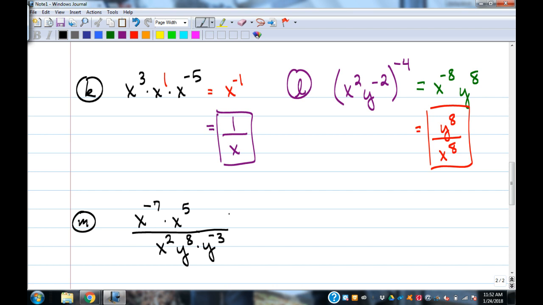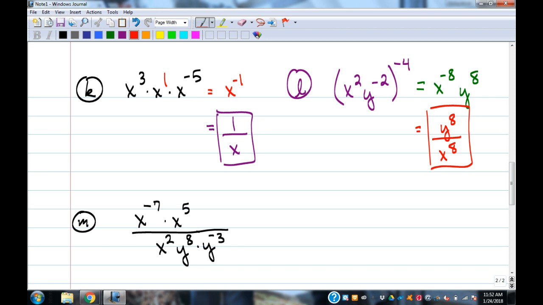This has got a lot going on, but we still should be able to do this. Remember, we want to do all the other properties before we do the negative exponents. Okay? So if we look at this kind of like two separate problems, do the top part first.